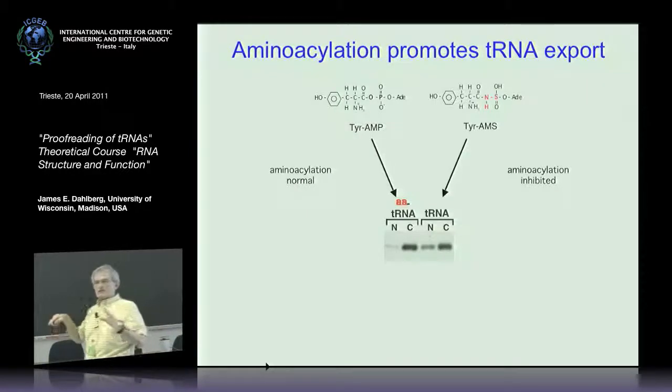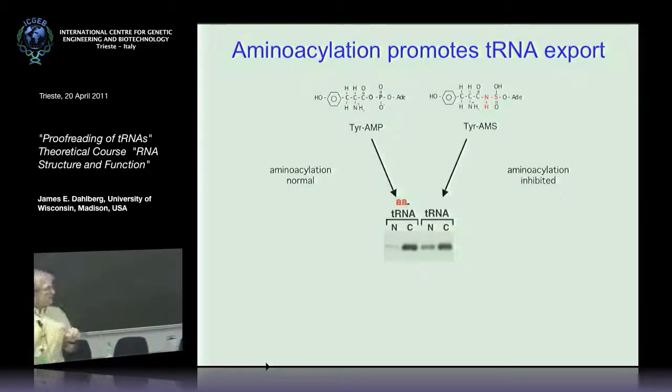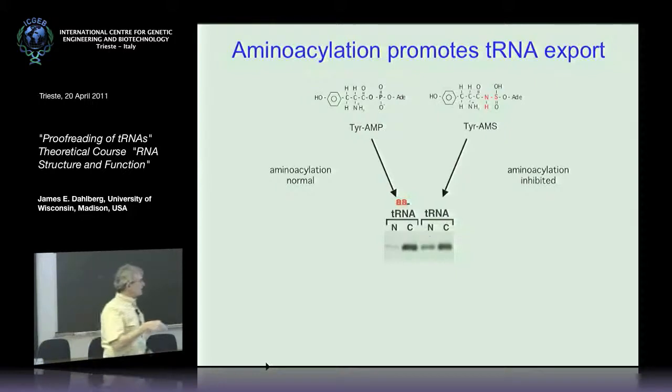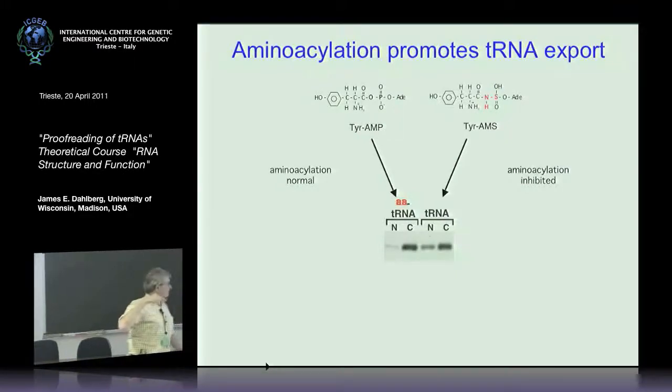Okay, so it's specific for that particular tRNA. And we've done it with other sulfamoyl or AMS derivatives for other amino acids. And again, it's always specific for the tRNA that we're targeting. And so we conclude that charging is important for efficient export.